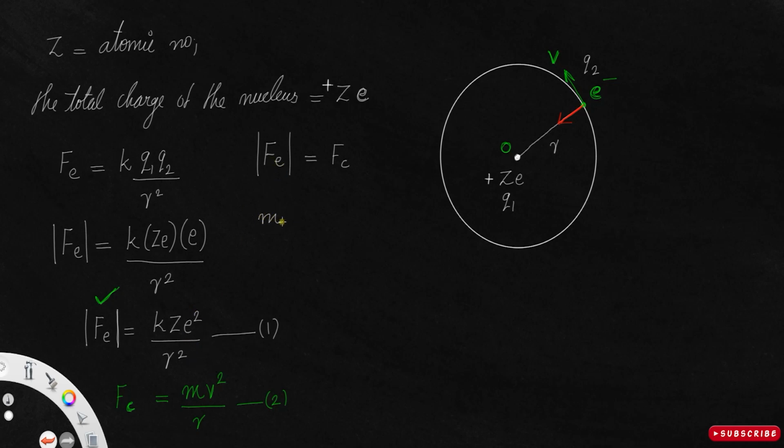So I have mv square by r is equal to KZe square divided by r square. I can cancel one of the r. Then if I take this r to the left, I'll get mv square r is equal to KZe square, or I can write r will be KZe square divided by mv square. Let's call this equation number 3.